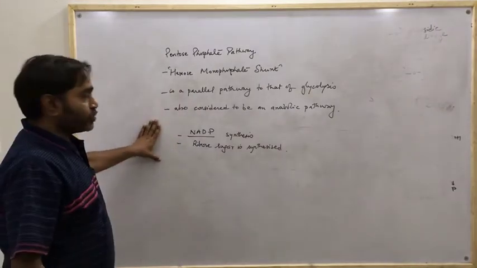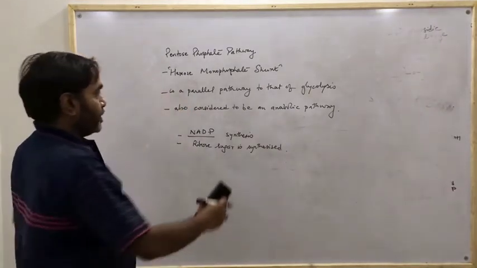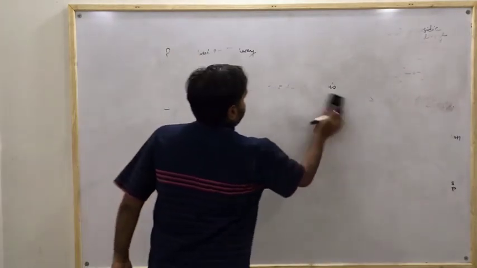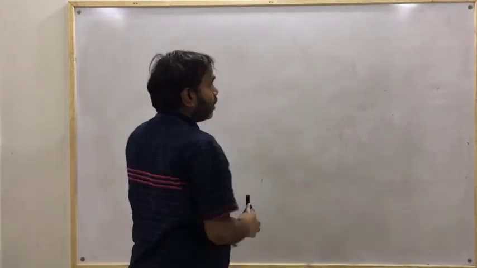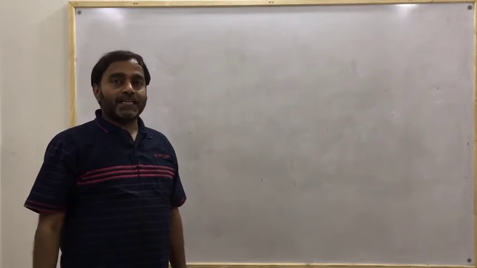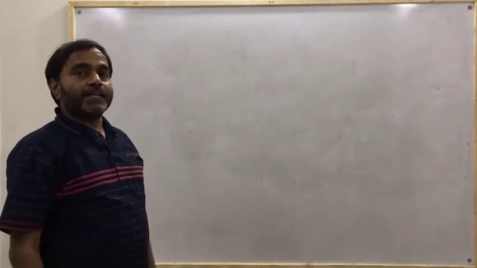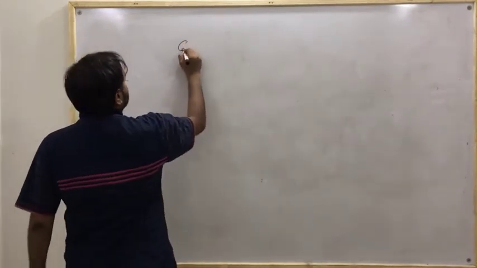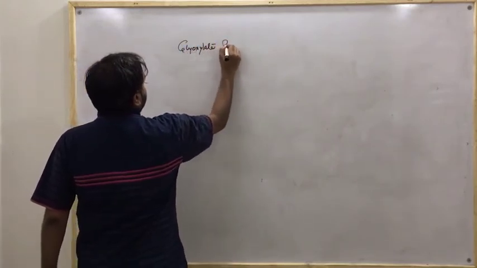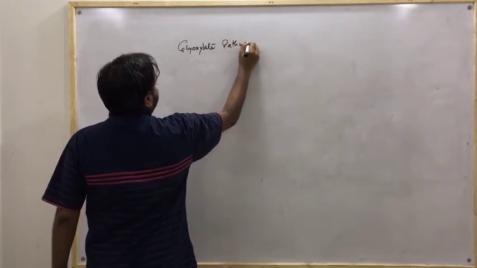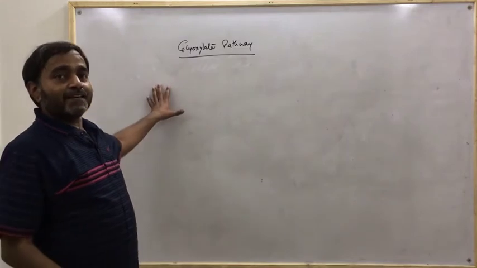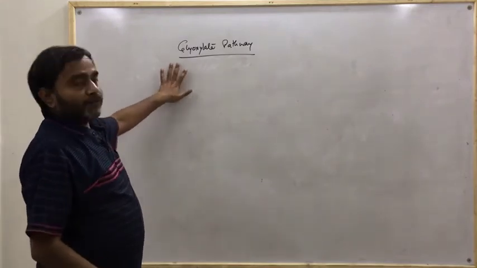So now we will see how to represent the glyoxylate pathway. Now we will see another pathway which is just a variant of Krebs cycle, and that is the glyoxylate pathway. It is just like Krebs cycle, but it seems to be different.